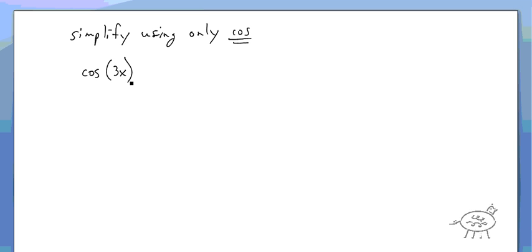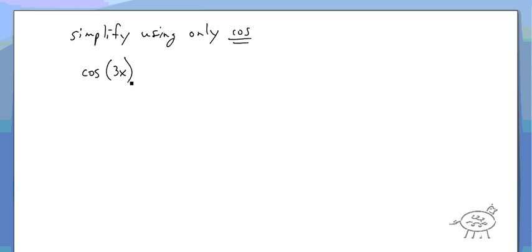Well, we didn't learn anything about triple angle, but we can apply some of the things, kind of like when we learned double angle. We really didn't have to do too much derivation. For double angle it was just cosine of x plus x, and then we used our sum formula for cosine and broke it up and derived cosine for double angle.